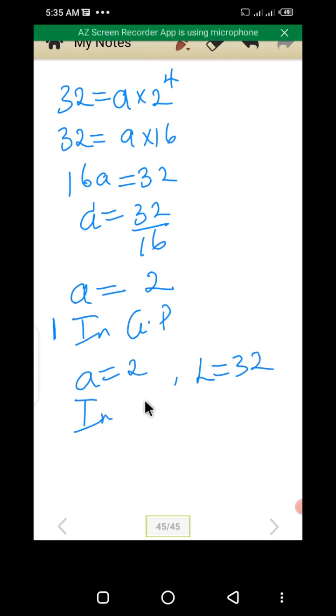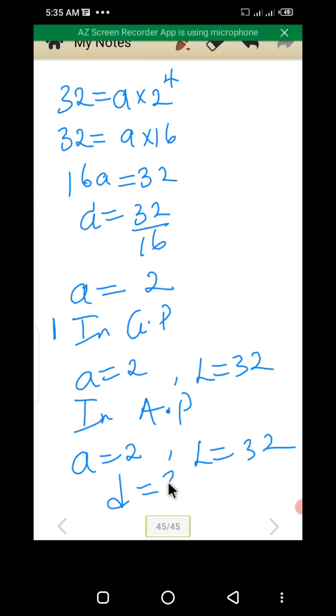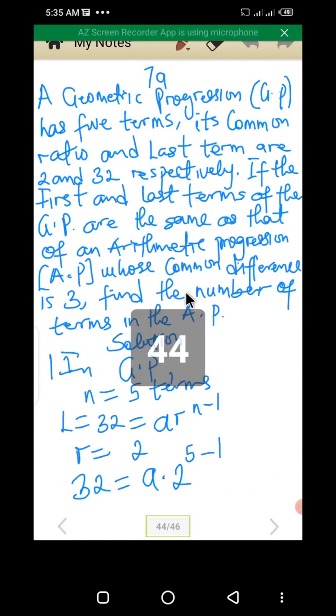In the AP, the first term is also 2 and the last term is 32, while the common difference is 3.